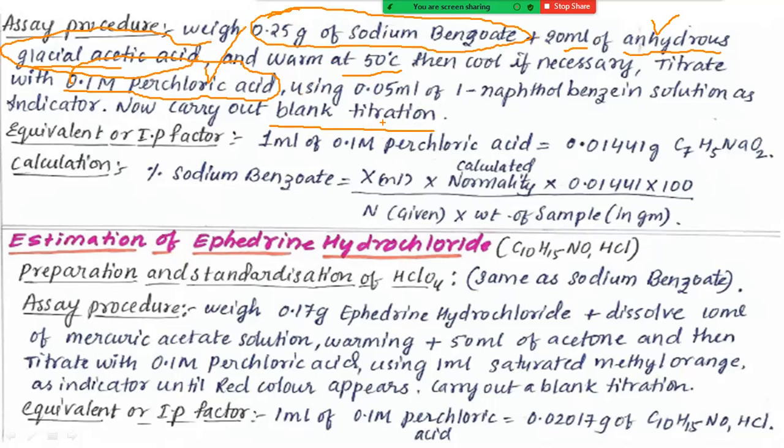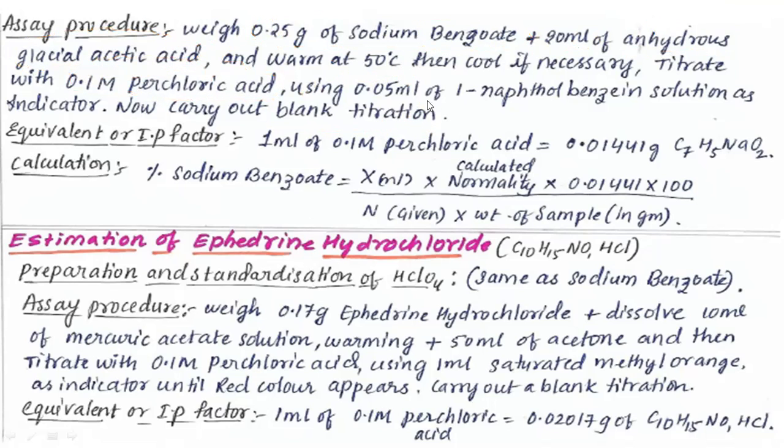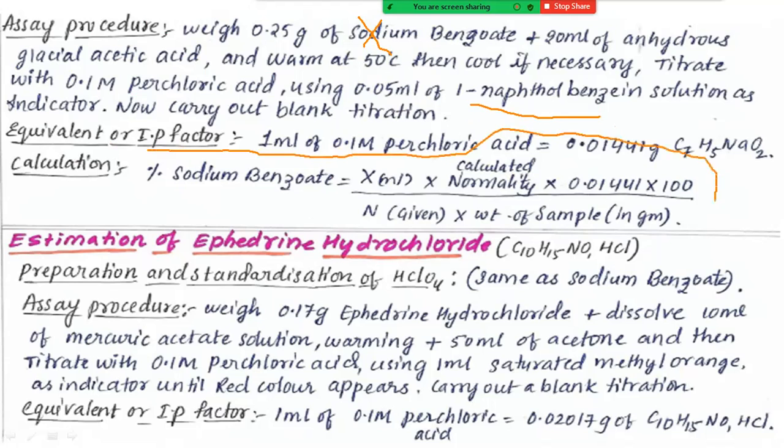In a blank titration we are not using any sample. Finally, we can get the equivalence point and the end point by using this indicator. And this is the calculation by which we can calculate the percentage purity.